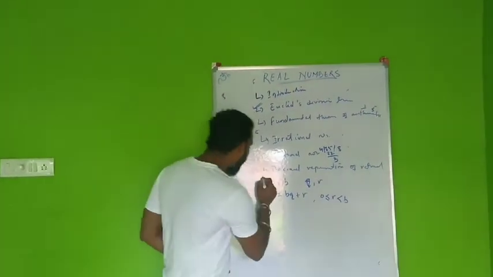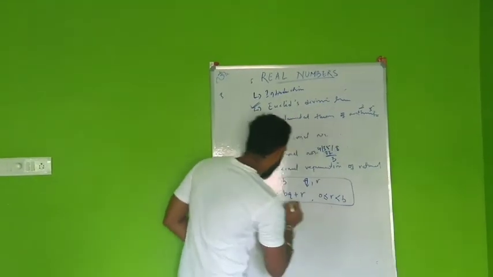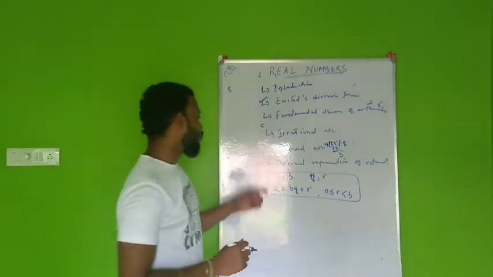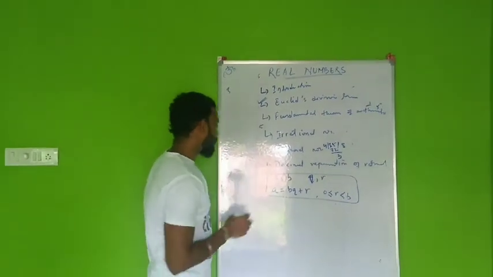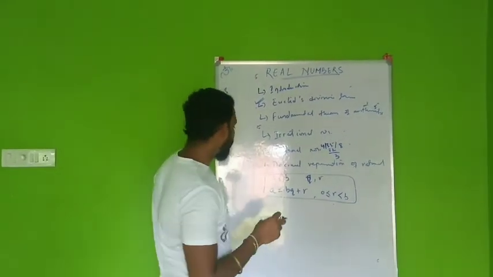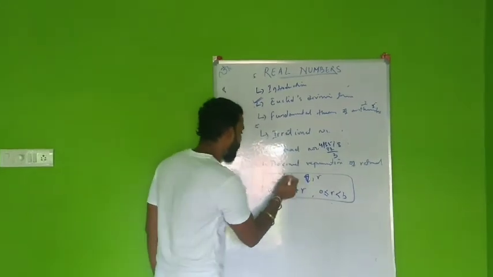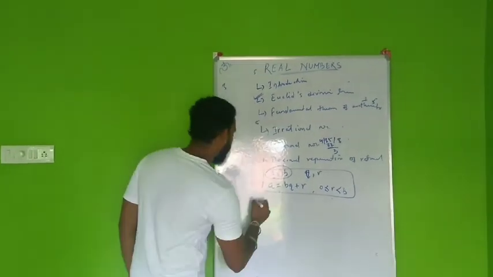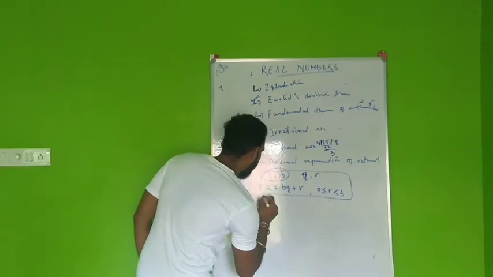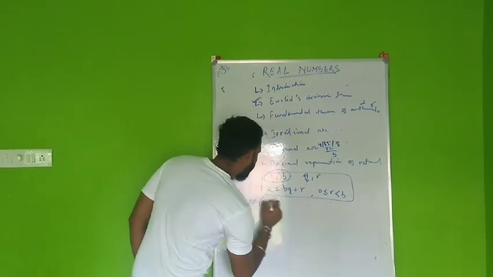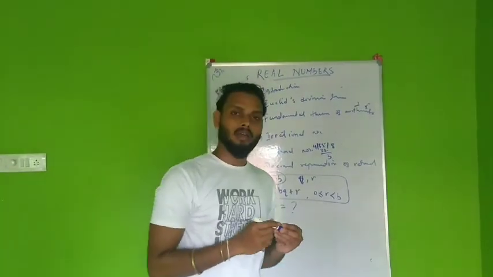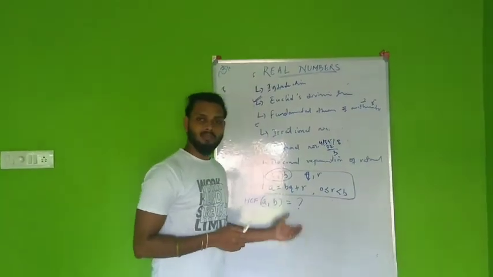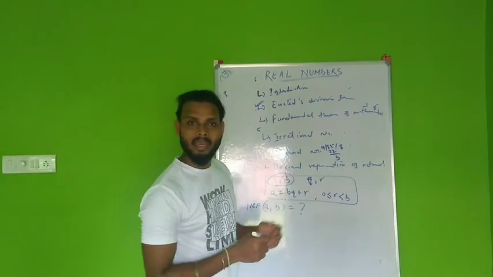Now how can I use this concept to find the HCF of any two numbers? Is that clear? Let us consider these two numbers a and b. You will be using three steps to find the HCF of a and b.